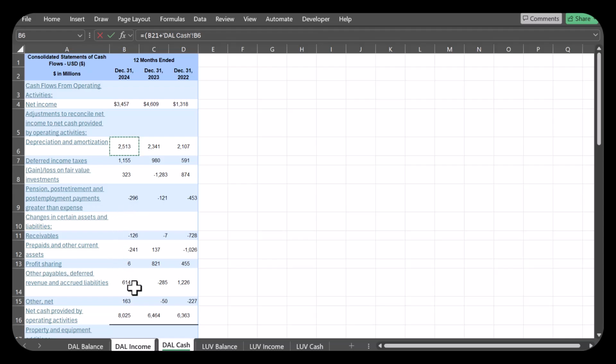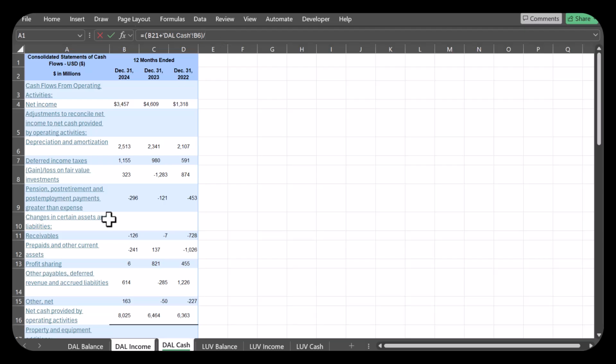And if they have stock-based compensation, you can also add it, but I have a strong suspicion they don't. Okay, let's just leave it like that.